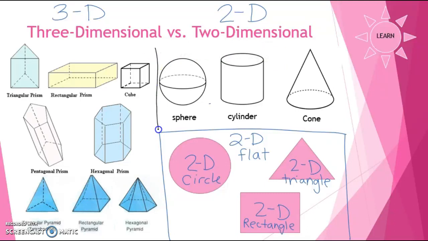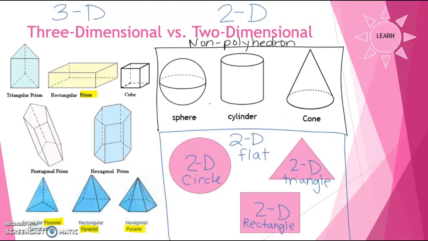Now there's a group here that goes by itself, and these are called non-polyhedrons. And the reason they're non-polyhedrons is because all of the shapes over on the other side are called polyhedrons. And here's why. A polyhedron is a three-dimensional shape. For example, we have prisms, and then we have pyramids, okay?